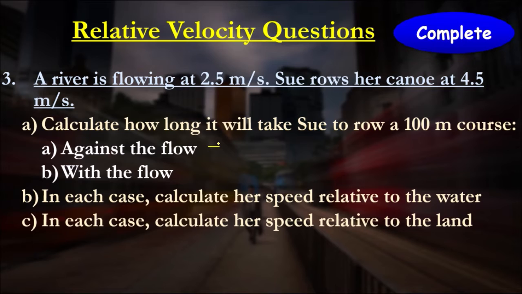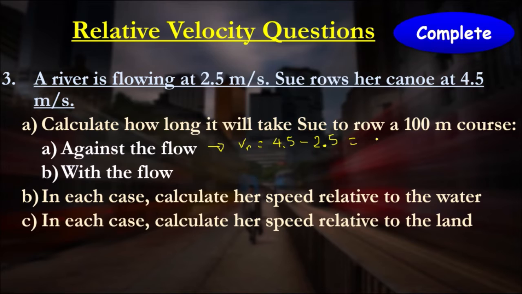So if it's against the flow, she's being slowed down by the water. So in this case, her relative velocity would be 4.5 subtracted by 2.5, because that's the water pushing against it.